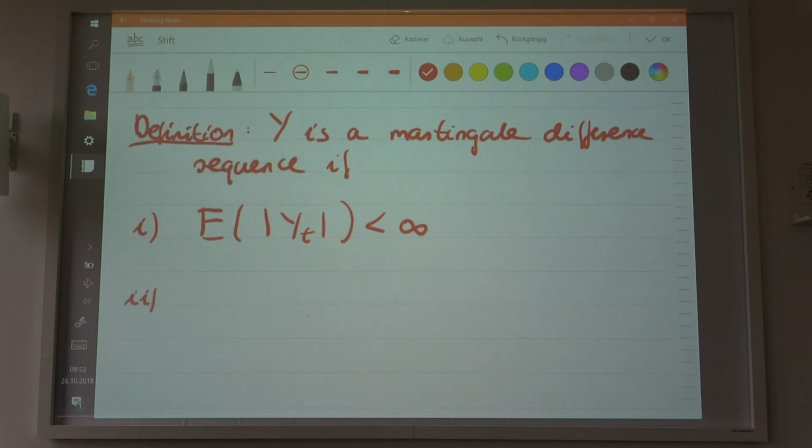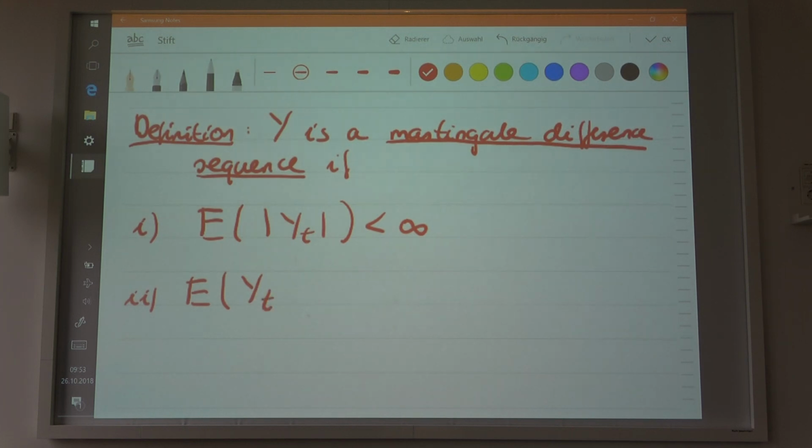We were looking at yesterday, maybe you remember, the mean of the absolute value of the normally distributed variable. Here, the mean of the absolute value is finite, and this is the first property that should hold. And the second is the conditional expectation.